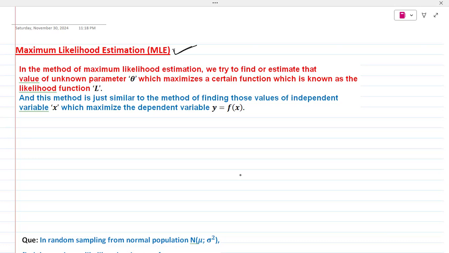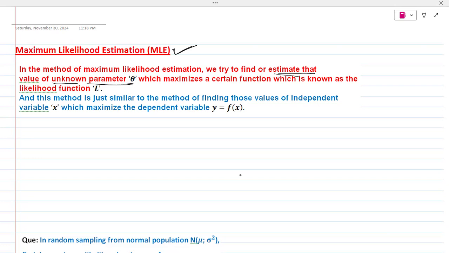The crux of this method, MLE, is that we try to find or estimate the value of the unknown parameter theta.